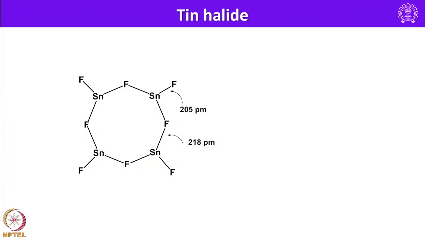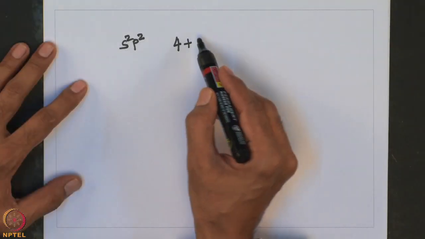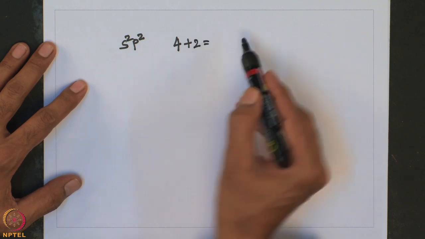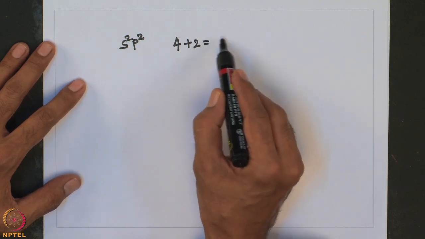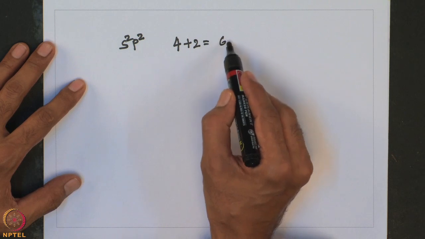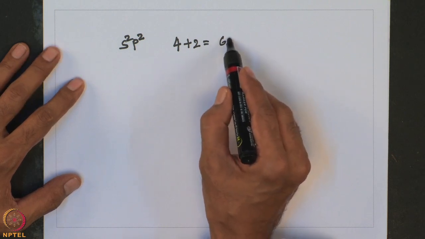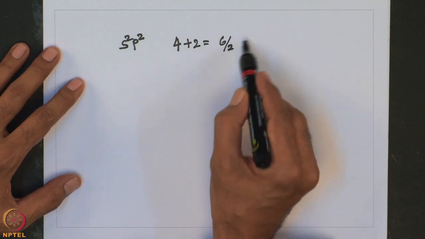So, you can see here in this one, if you start counting the number of electrons here, tin, of course, is s2p2. So, we have 4 electrons and 2 electrons are coming from 2 fluorine atoms. So, we have essentially 6. Out of 6, we have 3 pairs.